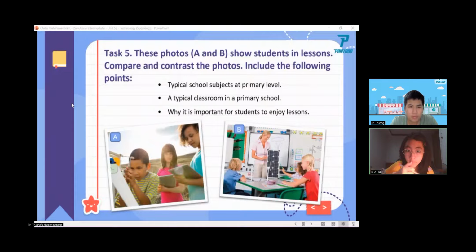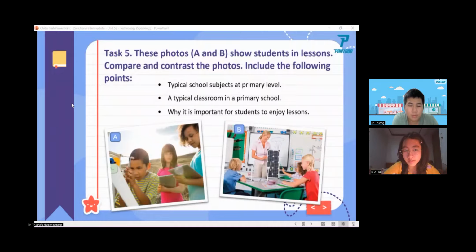Yes, and this lesson in picture A is happening outside, and picture B is in a classroom.